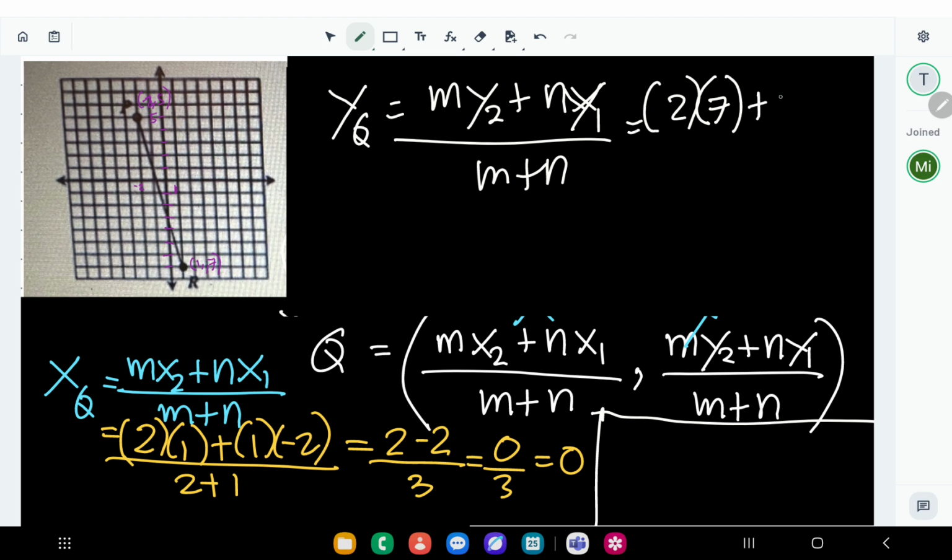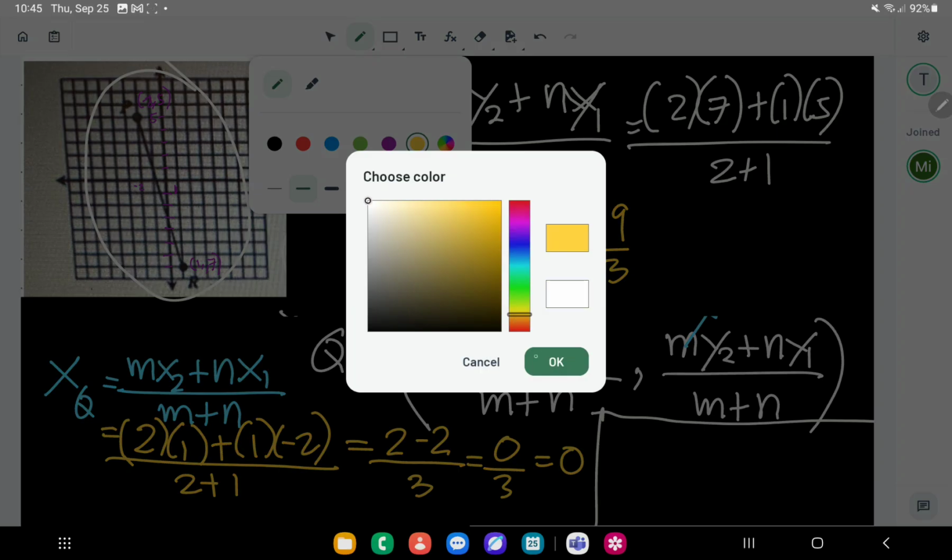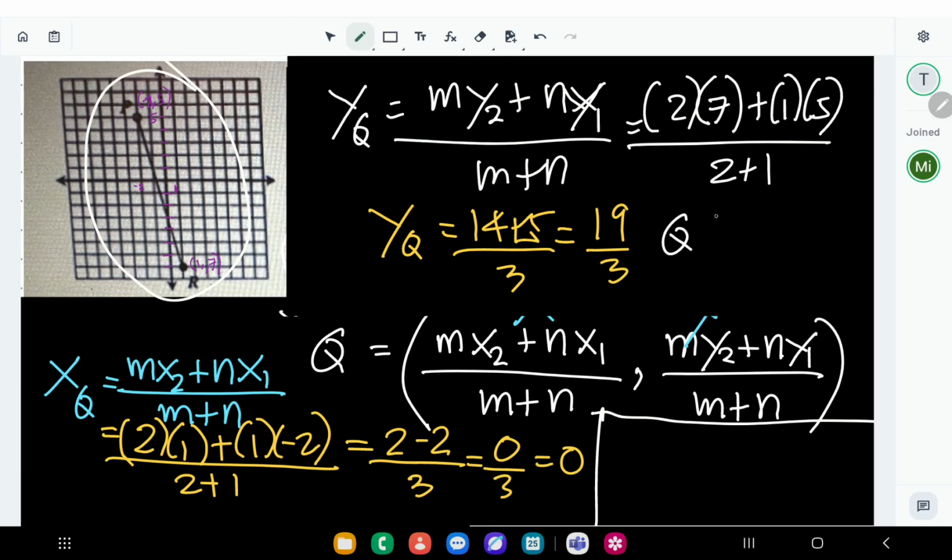And then n is 1, then y sub 1 is 5 from the points. Over m plus n is 2 plus 1. Then y sub Q equals 14 plus 5 over 3. So this is 19 over 3. Therefore, point Q has coordinates 0, 19 over 3.